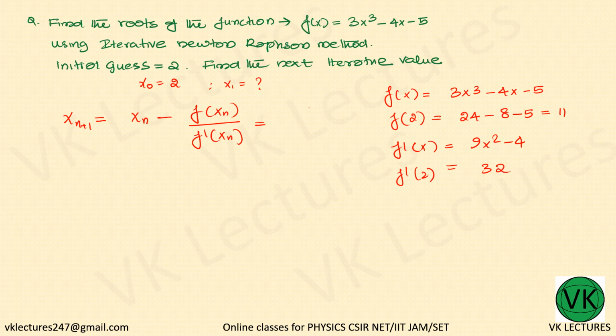So now x_n is 2 minus f of x_n by f dash, 11 by 32. So that's equal to 64 minus 11 by 32. That's 53 by 32. So this is equal to x1.